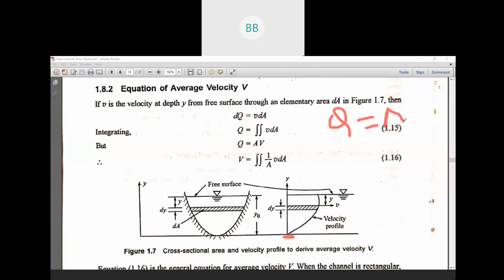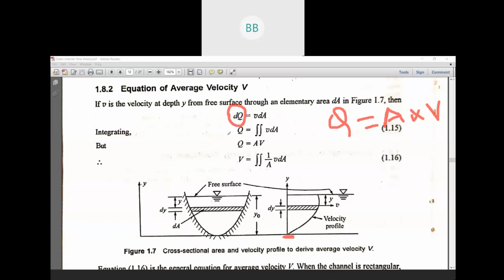So we find the discharge for that small elementary area, which will be dq. To find it, we multiply the velocity v inside that area by dA, so we get the discharge dq.